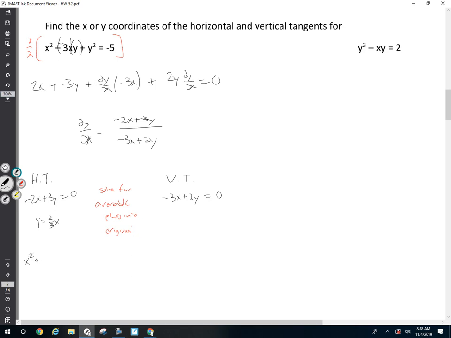So I got x squared minus 3x times 2/3 x plus y squared equals negative 5. Get x squared minus 2x squared plus, whoops, y is 2/3 x, plus 4/9 x squared equals negative 5.